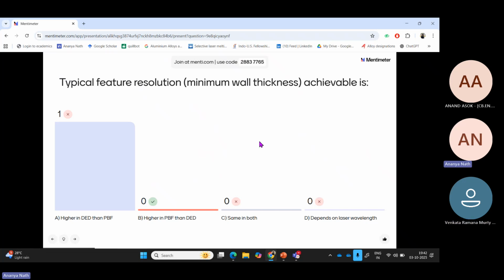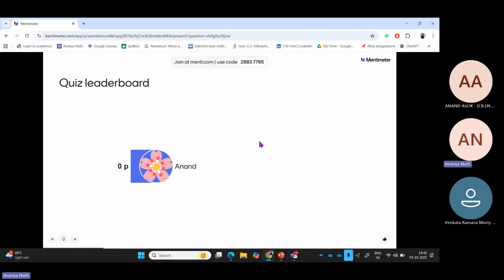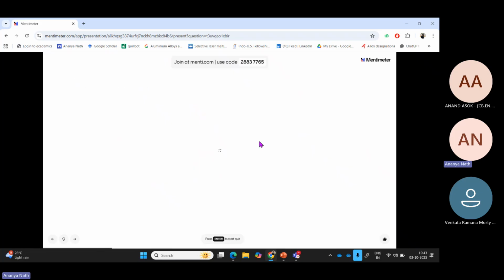But DED is for higher deposition. One fundamental thing you have to remember: DED is for larger components, repairing, higher deposition rate, printing high volume material or high volume parts. But PBF is for small intricate parts, internal features, very small wall thickness and higher resolution. It can be difficult to remember at the beginning, but just remember how the process is going on. Then you'll understand.